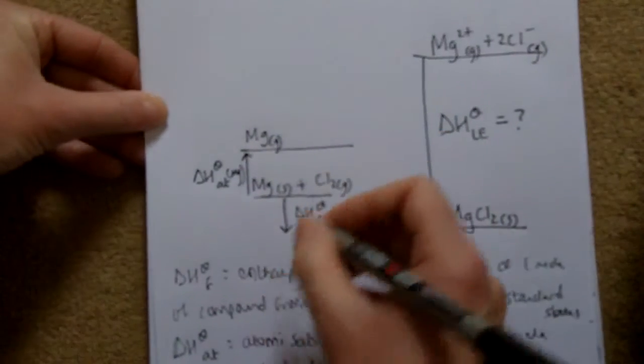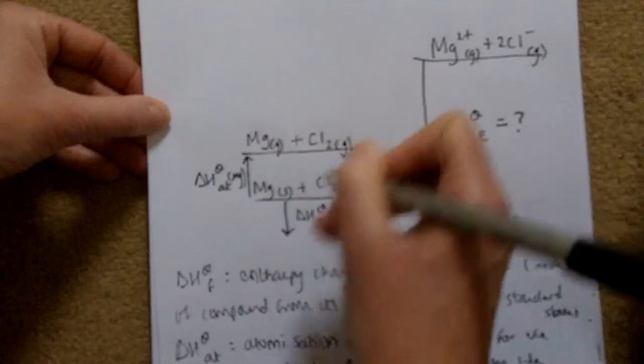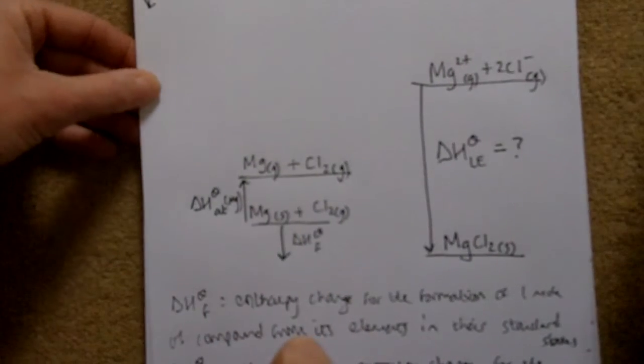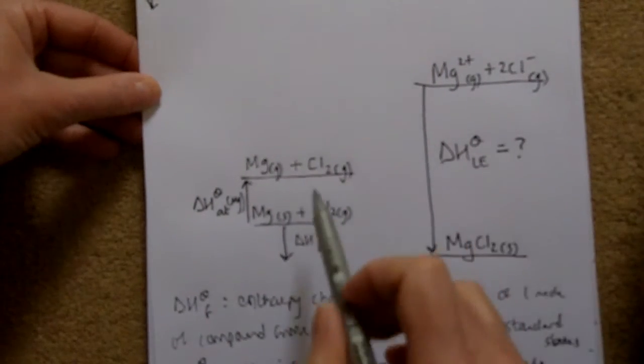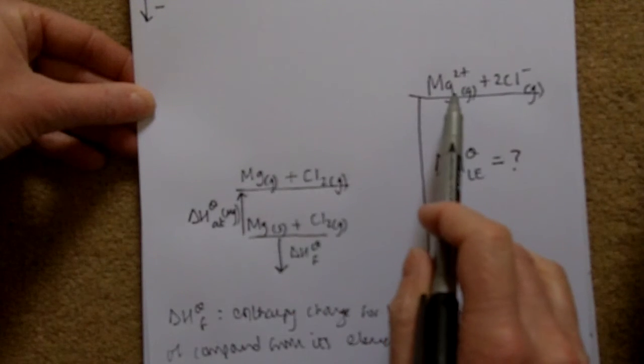Now the chlorine, nothing has happened to the chlorine, so we just carry it exactly the same. And what we're trying to do is turn this into this. That's what we're trying to do.